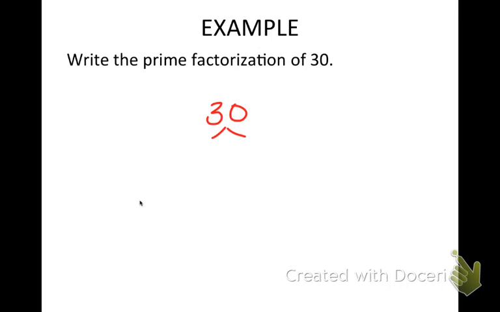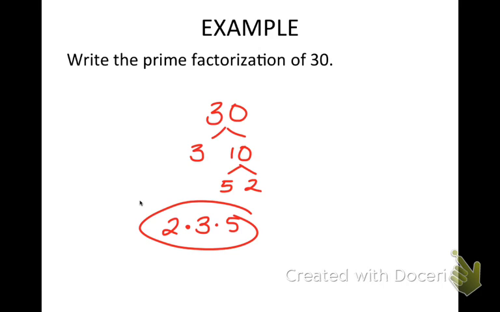Did anybody do 3 and 10 for their first 2 branches? Doesn't matter. Or 2 and 15. So it would be 2 times 3 times 5 would be your prime factorization. Is there a specific order? You put smallest to largest.